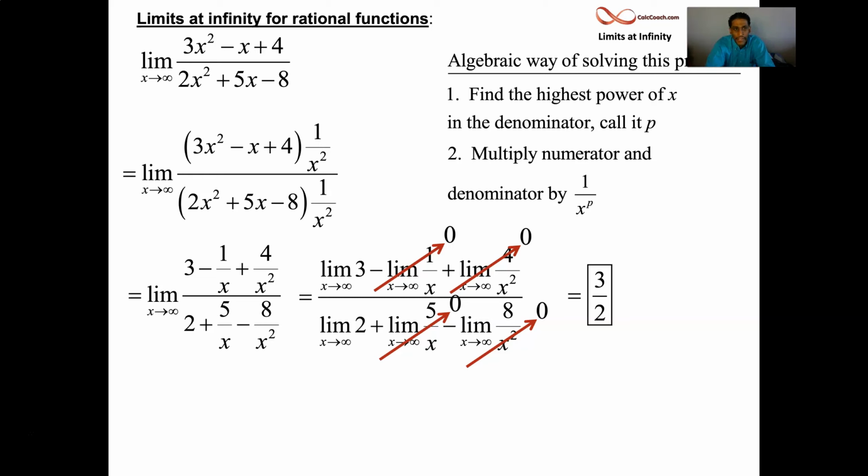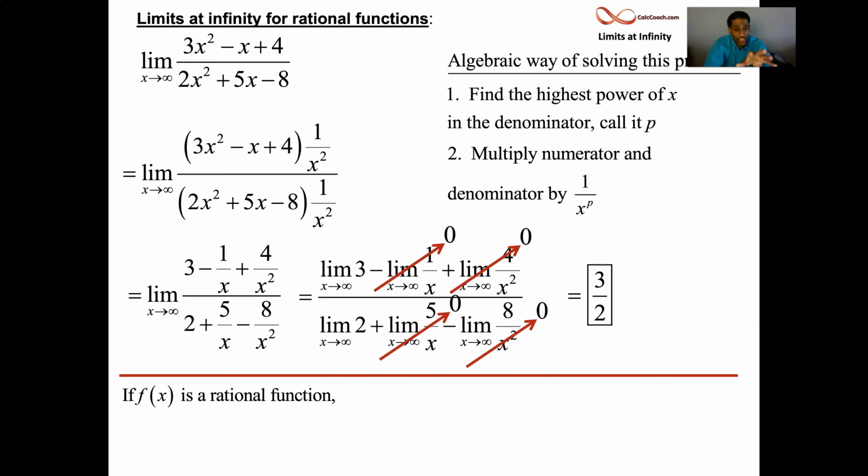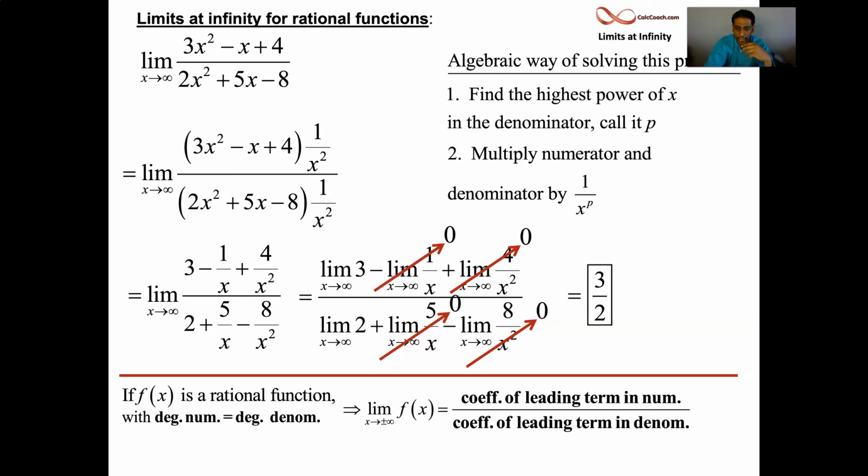And so here's the shortcut. The shortcut is that if you have a rational function and the degree of your denominator and numerator equal each other, then what you do is focus all your attention on those terms' coefficients. That highest order exponent term is called the leading term.